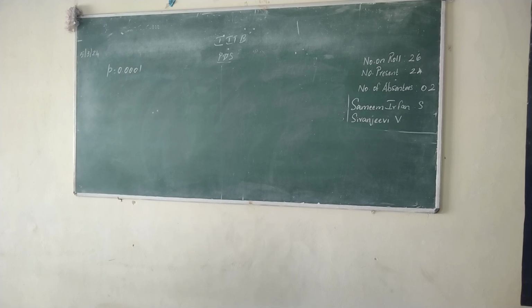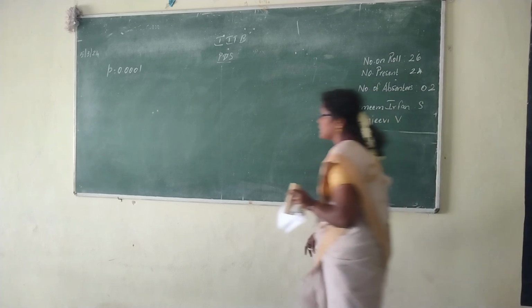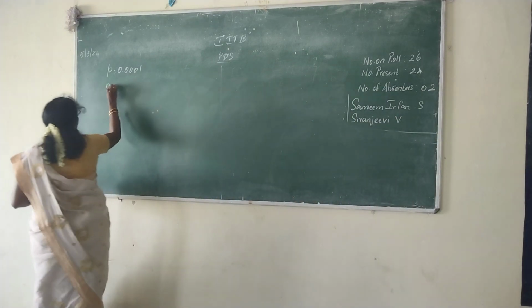So let X be the random variable denoting the number of accidents. Now identify the given data. The n value is equal to 1,000. So write n is equal to 1,000.